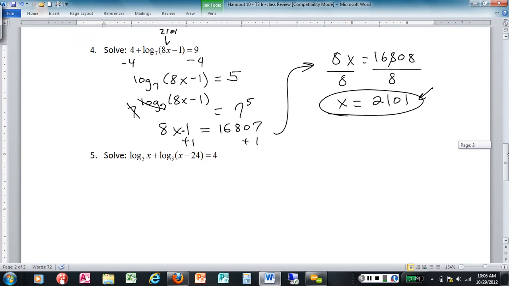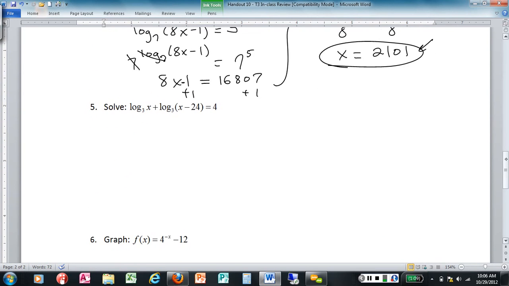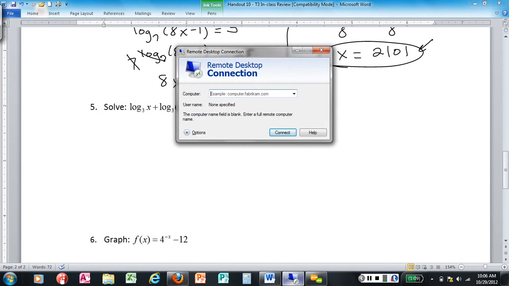All right, number 5. Same idea. It's a log equation. So I need to exponentiate both sides. However, exponentiating both sides only works if you have one logarithm on the side. Well, in this case, I've got 2 logarithms on the left. I need to make that into one logarithm, don't I? And so we just talked about that.